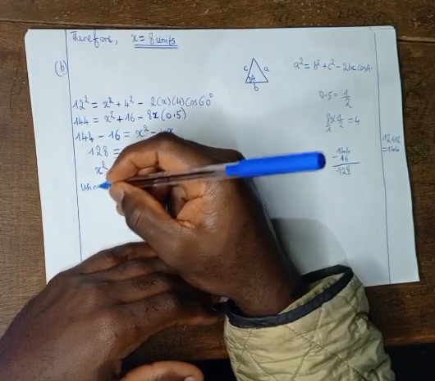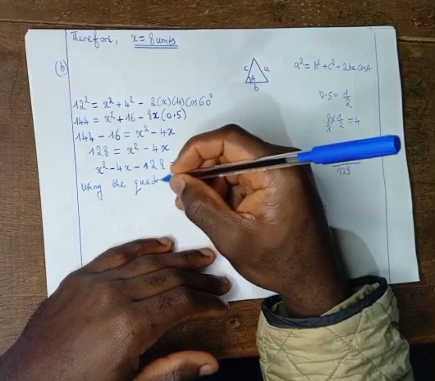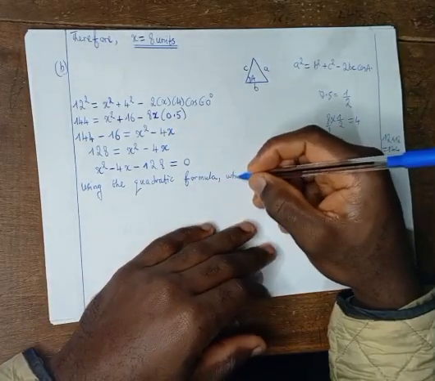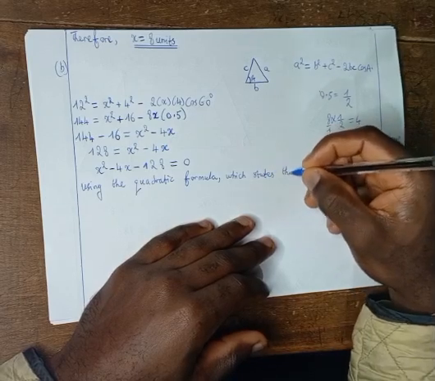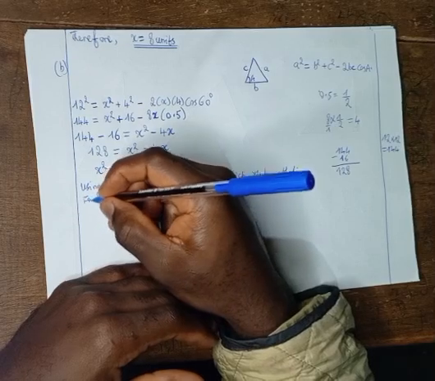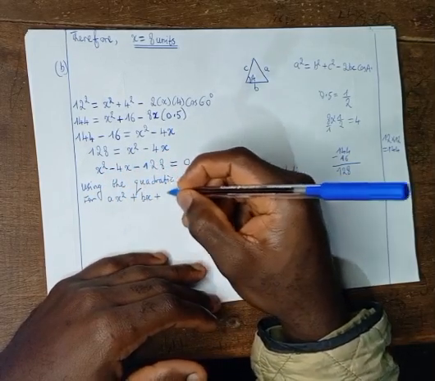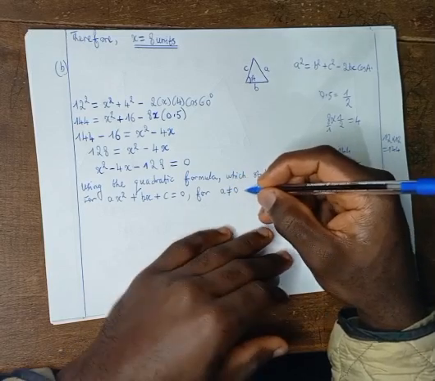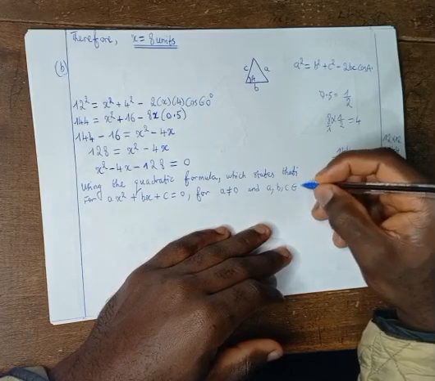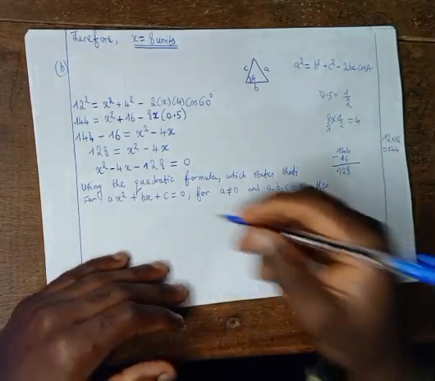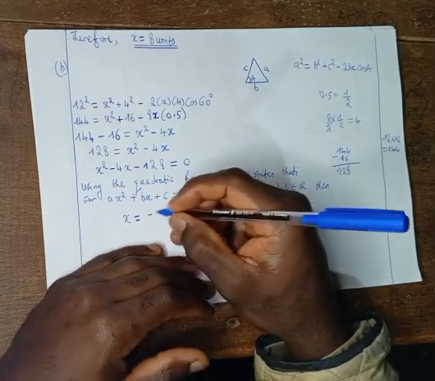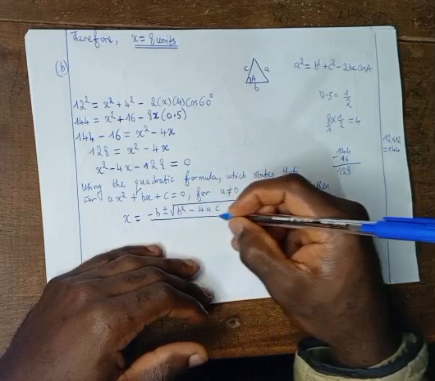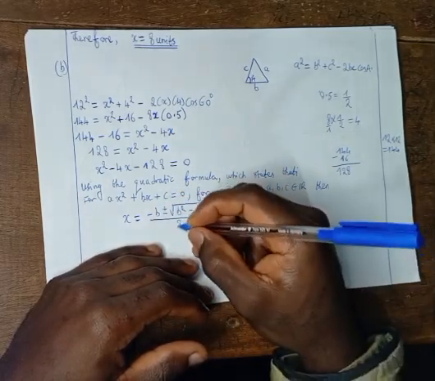So I'll write down the quadratic formula, which states that for ax squared plus bx plus c equal to 0, a not equal to 0, a, b, c belonging to the set of real numbers, x will simply be equal to negative b plus or minus the square root of b squared minus 4ac, all over 2a.